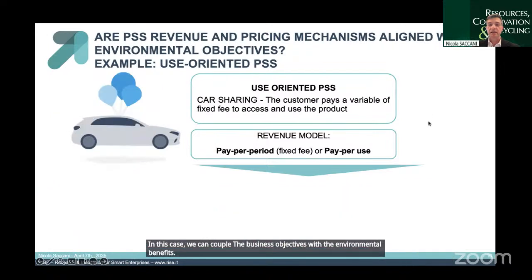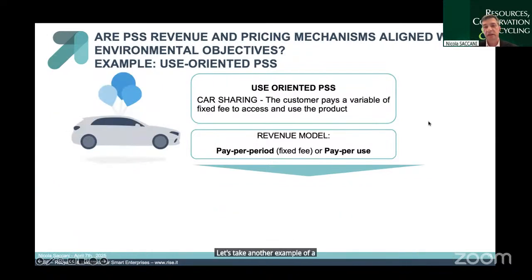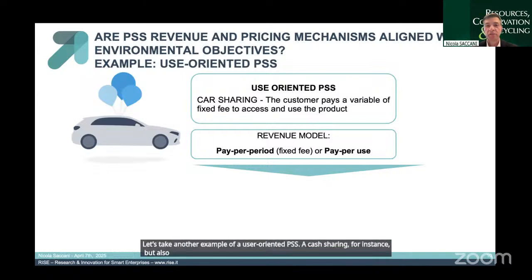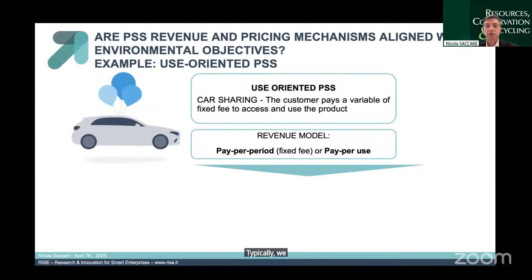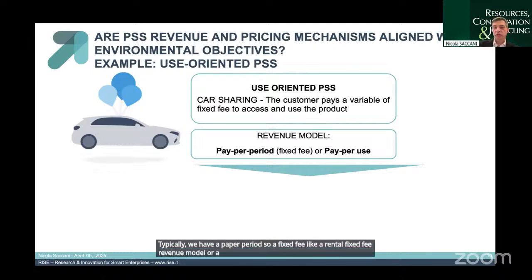Let's take another example of a user-oriented PSS, car sharing, for instance, but also a digital printing machine where you pay the pages that are printed. Typically, we have a pay-per-period, so a fixed fee, like a rental fixed fee revenue model, or a pay-per-use, where you pay in reason of the amount of kilometers that you drive, for instance.